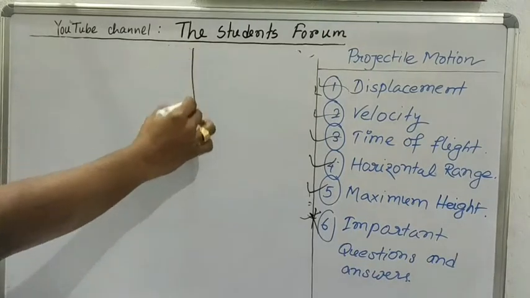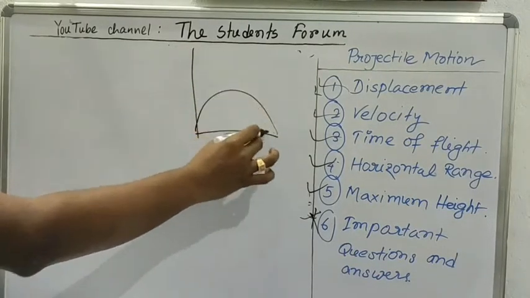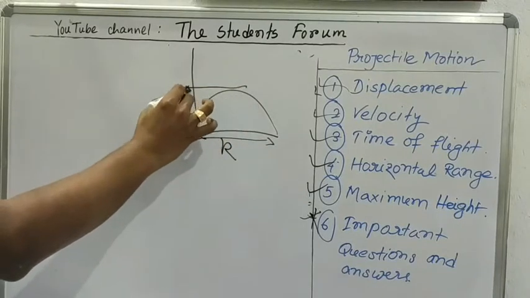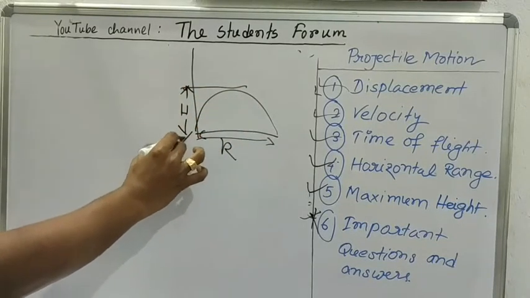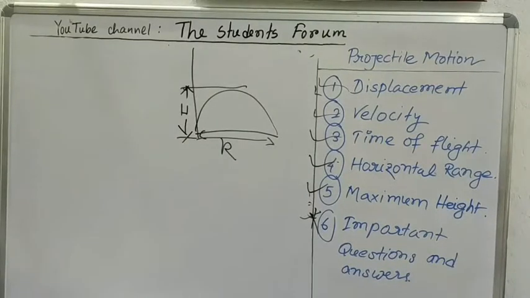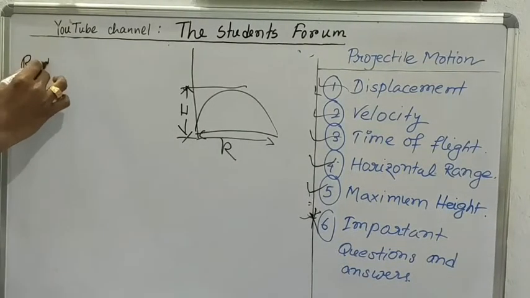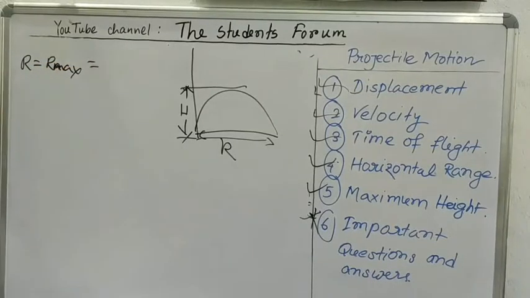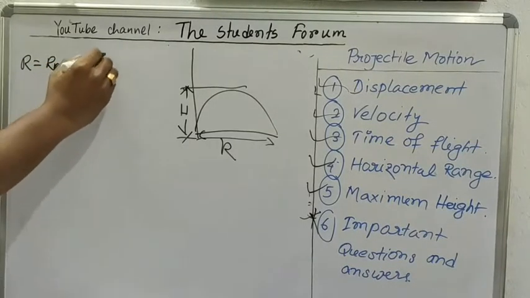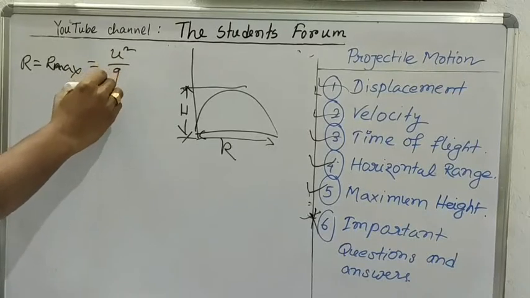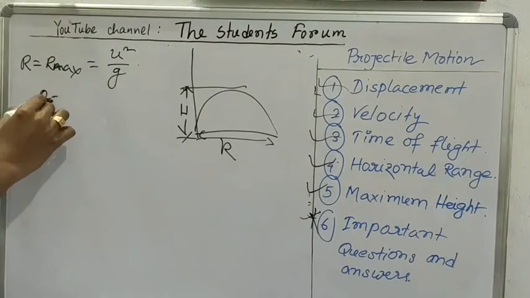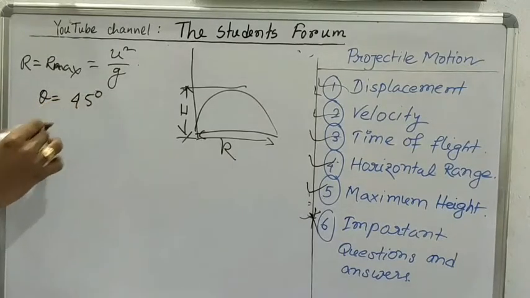So here we have to find out the relation between the range r and the height h. So r equals r max, we have already discussed, equals u square by g, and it will be maximum for theta equals 45 degree.